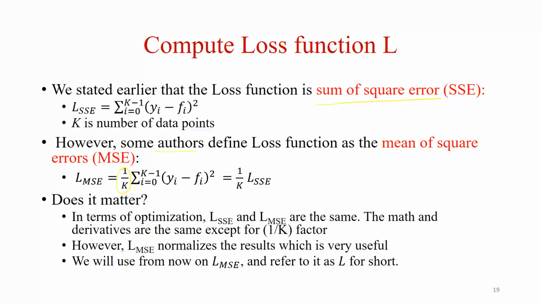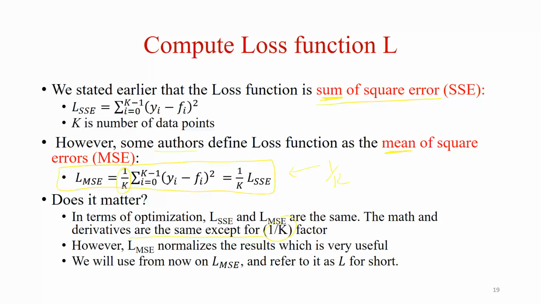That takes it from the sum of square errors to the mean of square errors. This is more used in machine learning. My take is that in terms of optimization, it really doesn't matter. The math and derivatives for both are the same, except for the 1/k factor here.